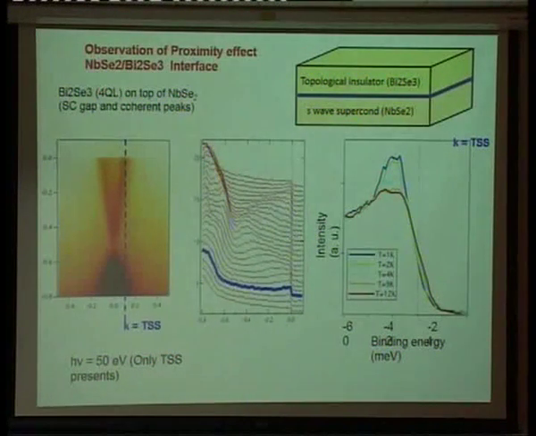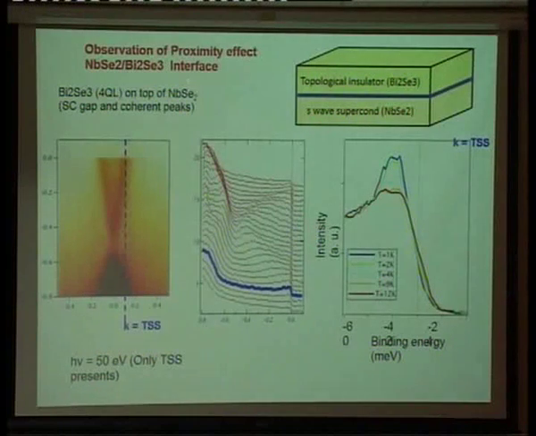We see that up to 6 quintuple layers, we can look at the interface. Of course, the signal will be broadened, but at least we have the momentum.